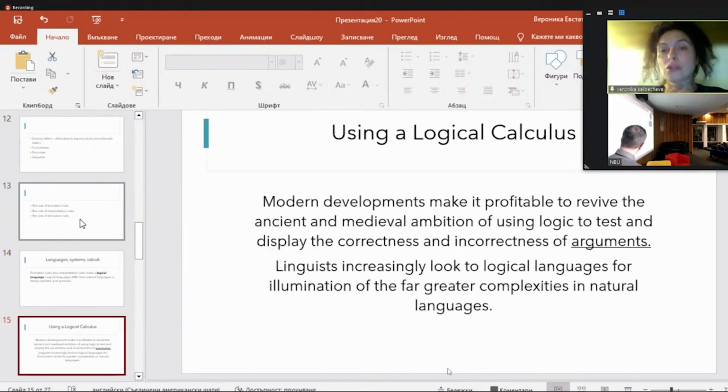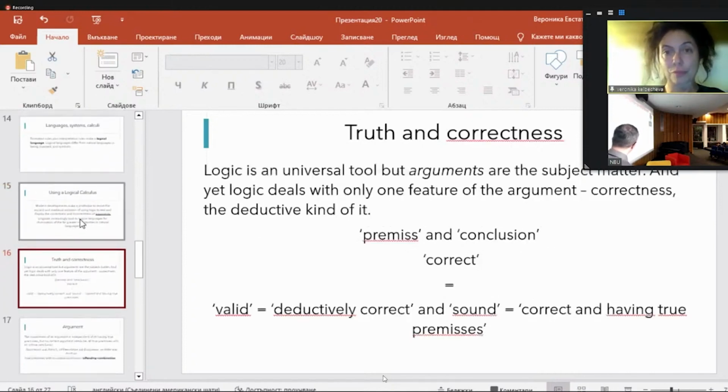So, using a logical calculus, modern developments make it profitable to revive the ancient and medieval ambition of using logic to test and display the correctness and incorrectness of arguments. Linguists increasingly look to logical languages, especially in the AI era, for illumination of the far greater complexities in natural languages. Truth and correctness.